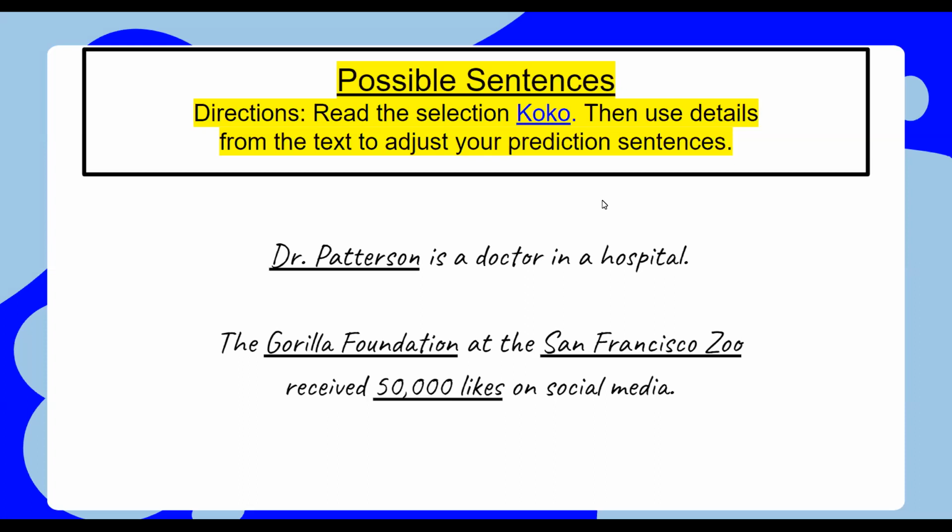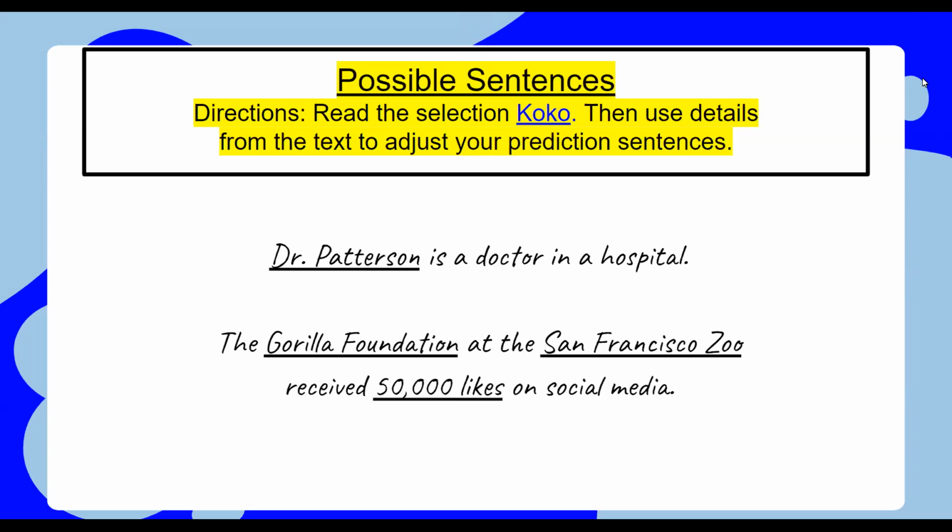They didn't get the 3 words in their sentence, but they were able to create a sentence and make a prediction based on what we're going to read. The second sentence is an example of one from a more advanced student who was able to get the 3 words in there. The Gorilla Foundation at the San Francisco Zoo received 50,000 likes on social media.